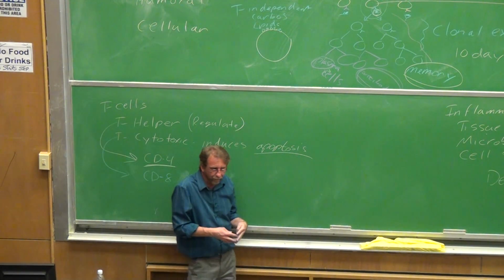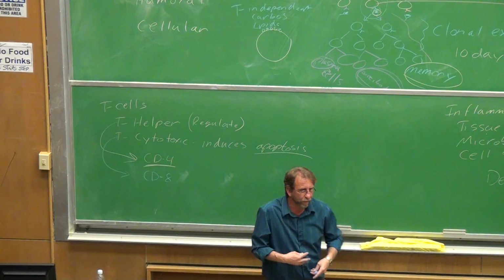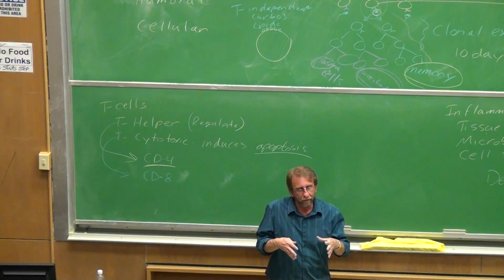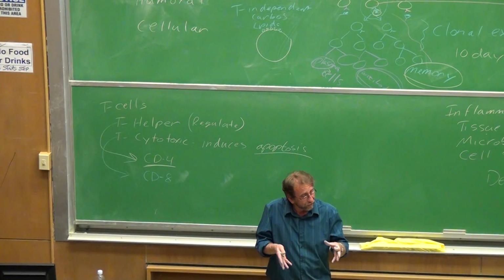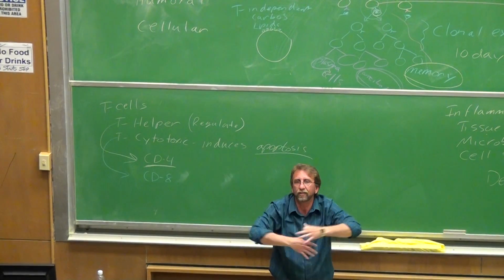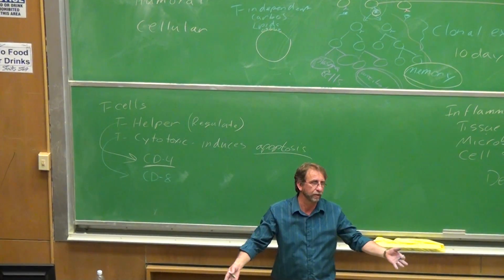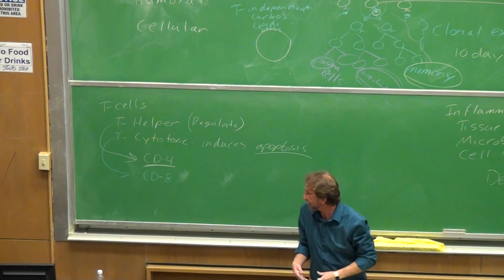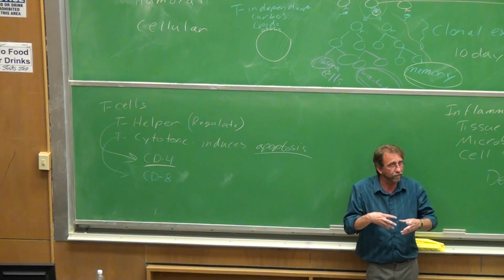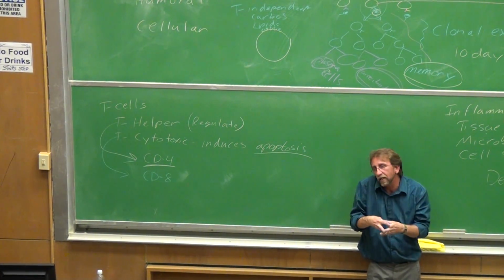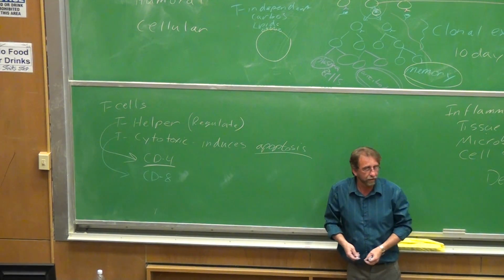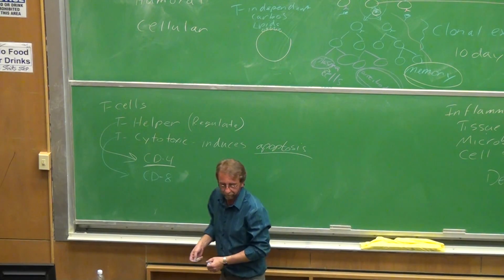So if you think about this, if you're infected by a bacterium, maybe it's producing toxins or something like that. You really don't want to lyse the cell and have it explode and release all of that stuff into your circulatory system. So instead, apoptosis is a destruction of the cell from the inside, so it kind of implodes on itself. That way we don't release all of the negative stuff into the environment.